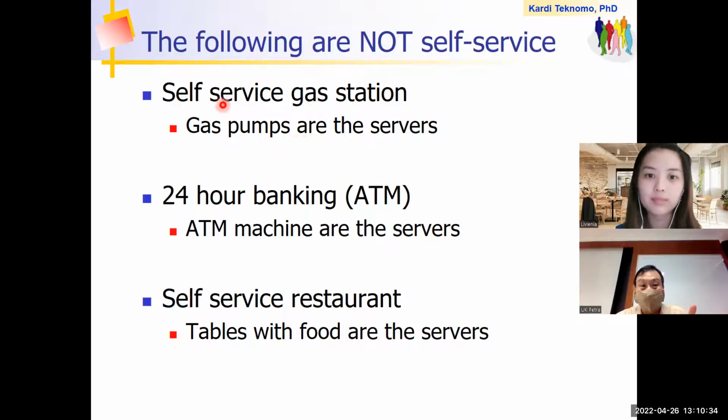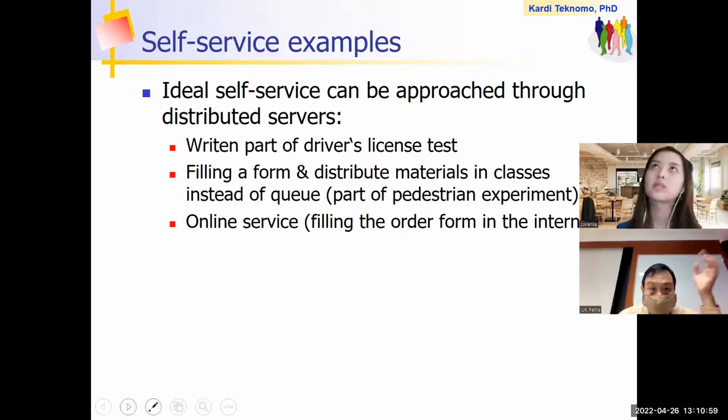Because in a gas station, the gas pump is the server, and in a self-service ATM, the ATM machine itself is the server. So they are not really self-service. But in a self-service restaurant, the tables of the food are the server. So this is what self-service actually is.